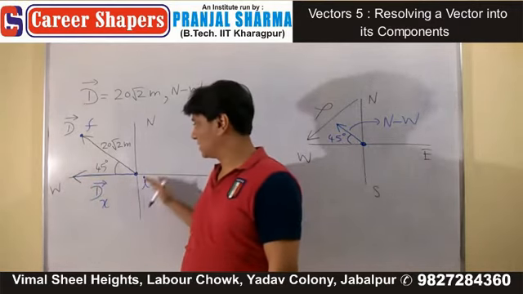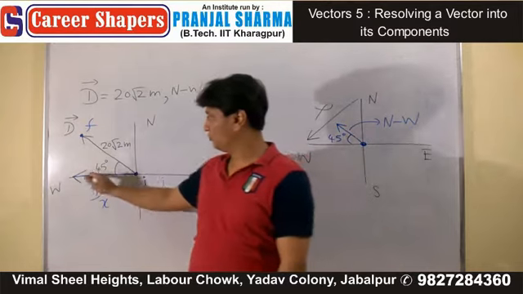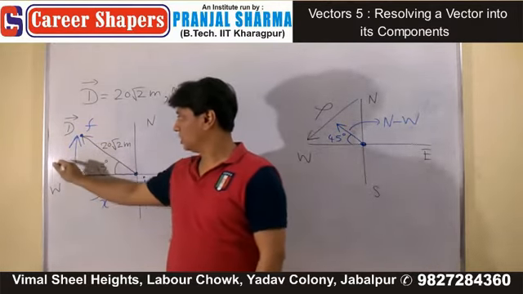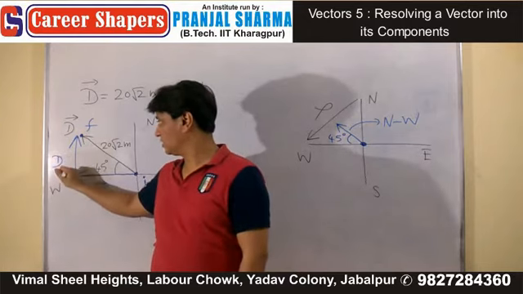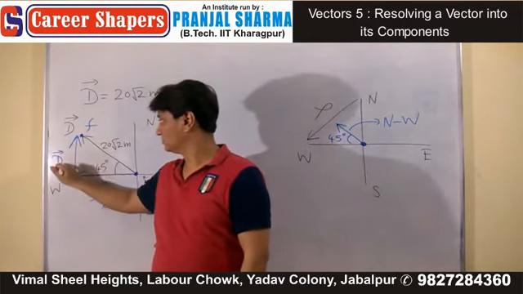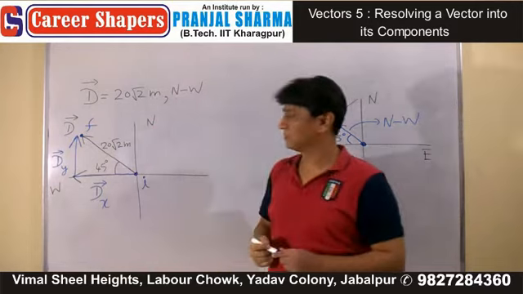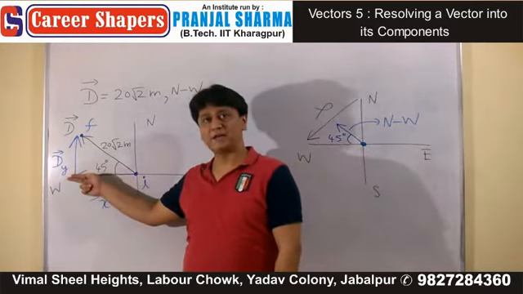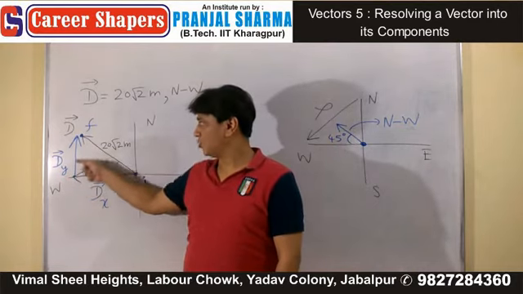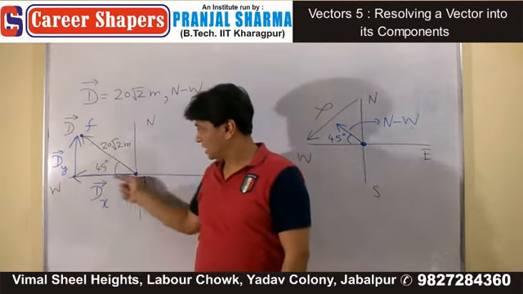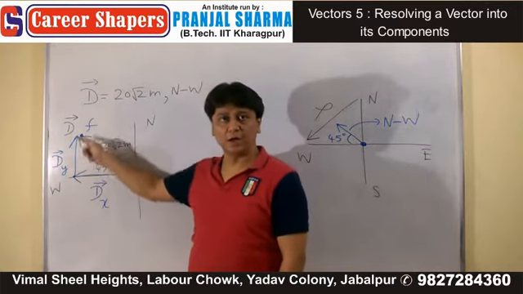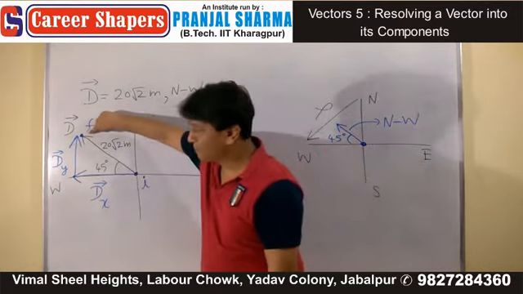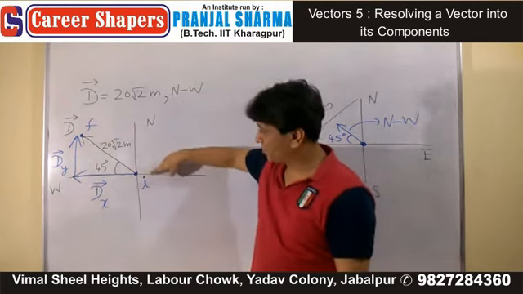This is dx vector. And then move like this. We'll call it dy vector. So if somebody moves along the x-axis and then he moves along the y-axis, shown in blue color, then also he will arrive at the same point, starting from the same position.